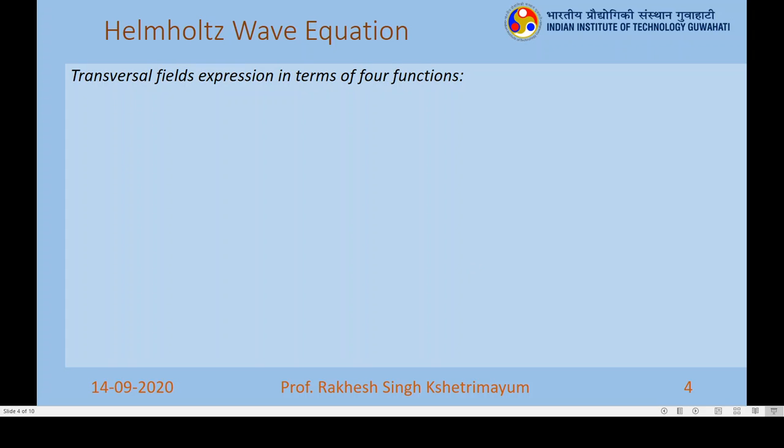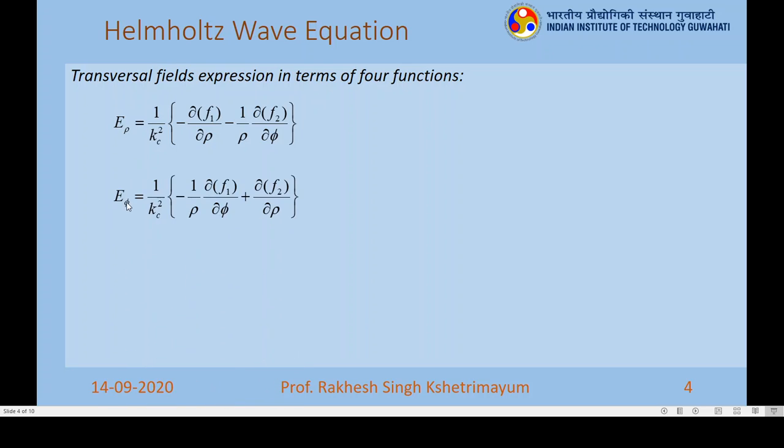So what is the relation between the transversal fields and the four functions we have just defined in the previous slide? We can find E rho from F1 and F2 by taking the partial derivative with respect to rho of F1 and the partial derivative with respect to phi of F2.